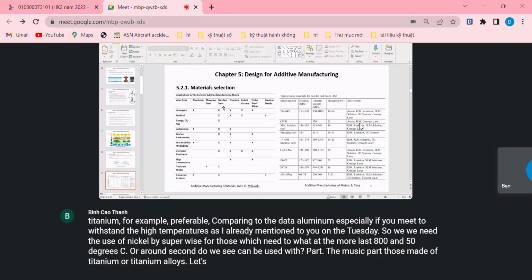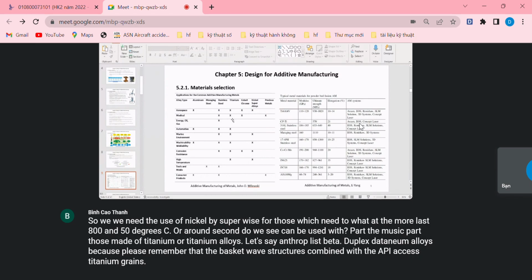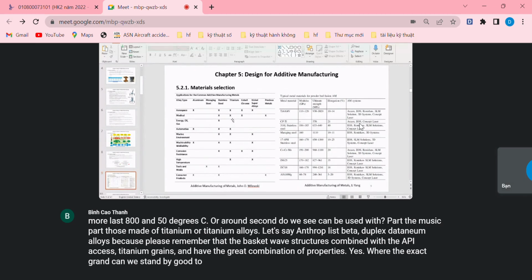Let's say alpha plus beta duplex titanium alloys, because please remember that the basketweave structures combined with the equiaxed titanium grains can have a great combination of properties. Yes, where the equiaxed grain can withstand quite well the corrosive environment.